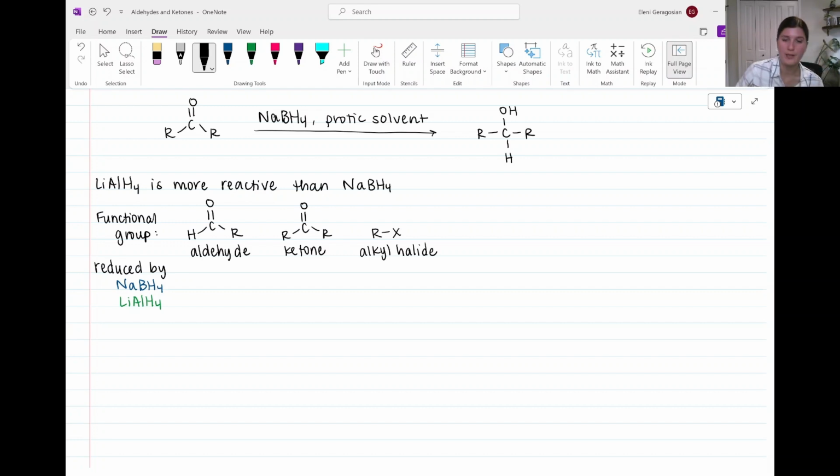So an alkyl group bonded to a halogen, if that's getting reduced, the halogen is being replaced by a hydrogen. Ester is another carbonyl containing functional group where the carbon's bonded to an oxygen and another R group. And then carboxylic acid we've seen before.